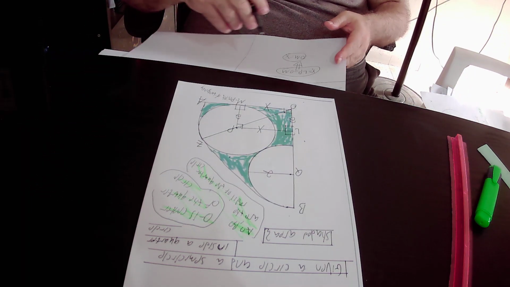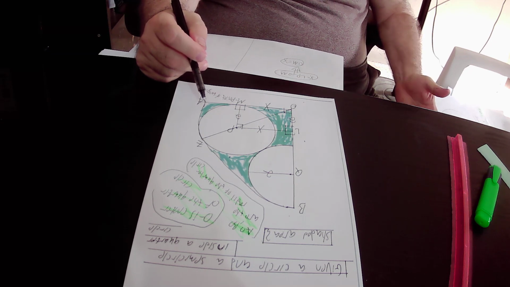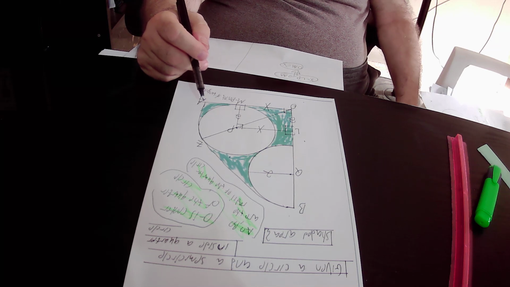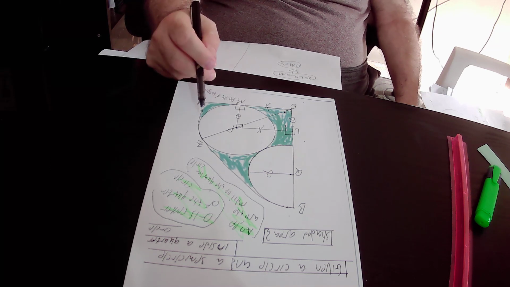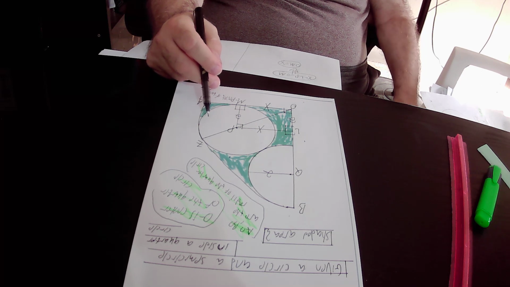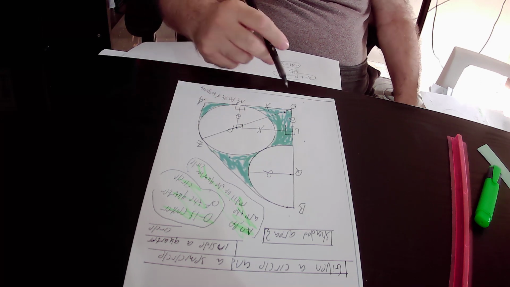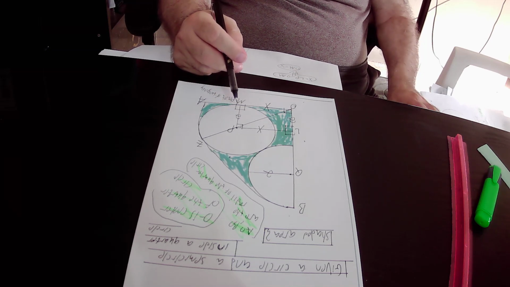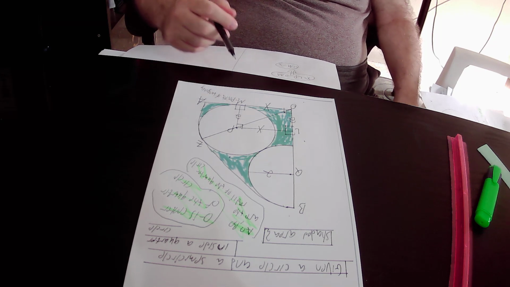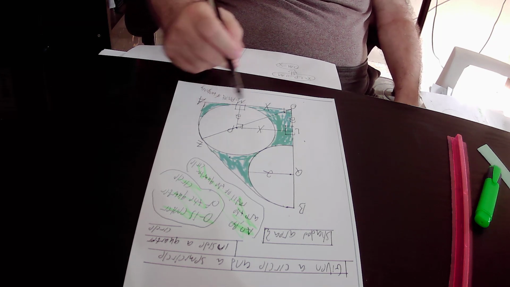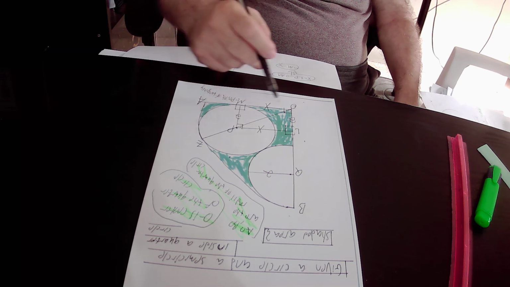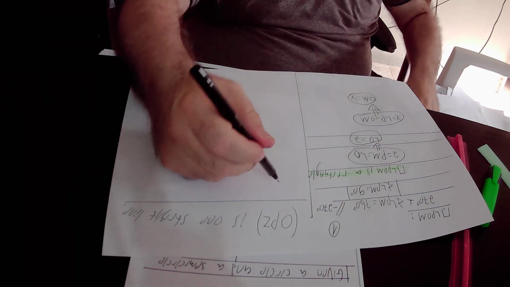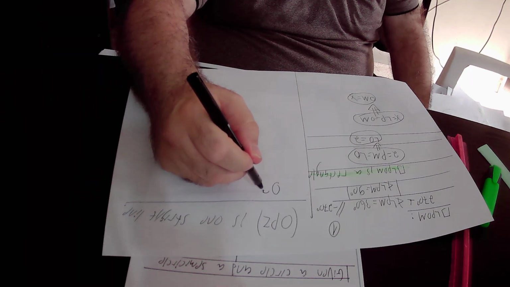So if line segment OPZ is one straight line, you can also express it that points O, P, and Z, those 3 points, are all located on the same straight line. Okay, it is exactly like saying that OPZ is one straight line. So if line segment OPZ is a straight line, then OZ also must be a straight line.